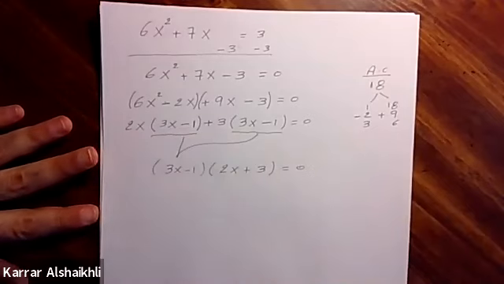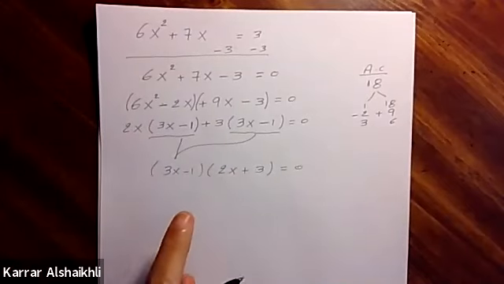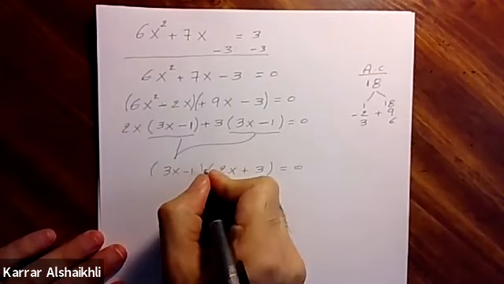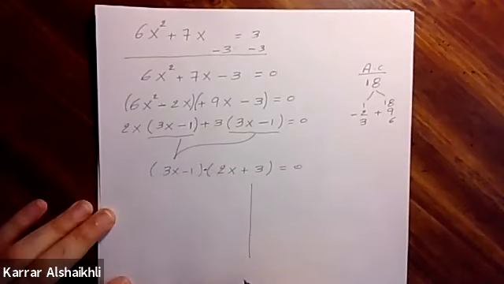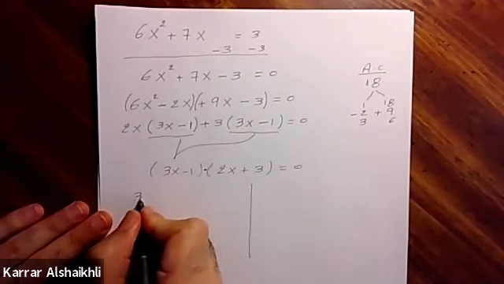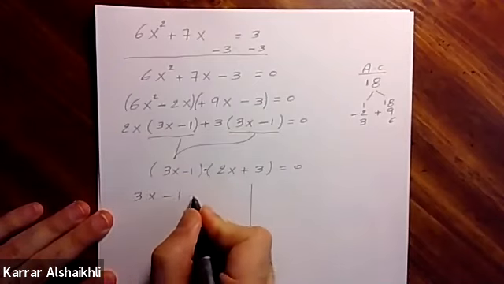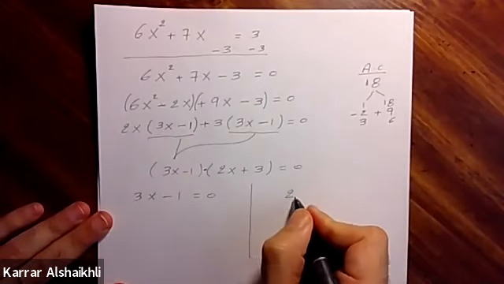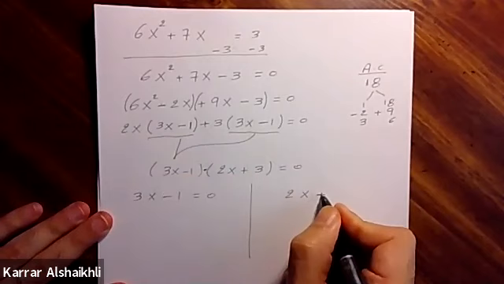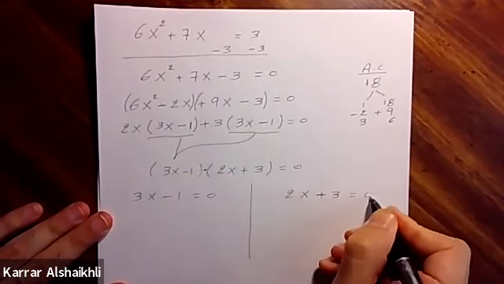Now, this is the zero factor property. I have 2 parentheses. The multiplication of these 2 parentheses equals 0. That means I have 2 solutions. The first one, I'm going to write down 3x minus 1 is going to be equal to 0. And on the other side, I'm going to write down the second parentheses, which is 2x plus 3 is going to be equal to 0.